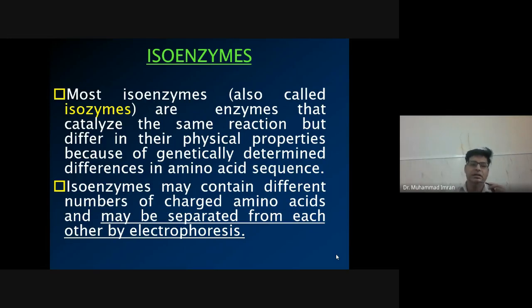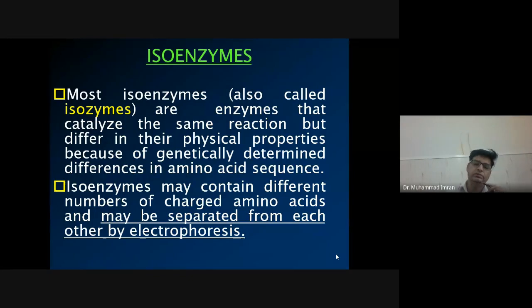What are the other parameters which differ from other enzymes? These are enzyme location, properties, plus their molecular weight. Isozymes may contain different numbers of charged amino acids and may be separated from each other by electrophoresis.